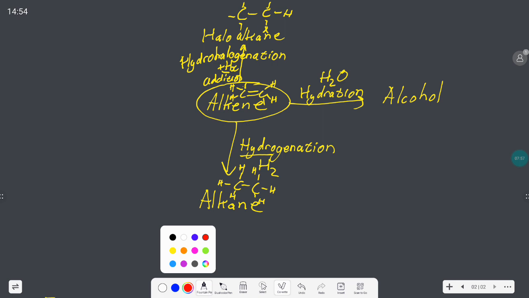So, if I have a substitution reaction, for example, let's say I want to go from an alkane all the way to a haloalkene, alkane to a haloalkane. What will happen? This will be a substitution reaction that is known as halogenation. So in red, I will have my substitution reactions. So this is known as halogenation.